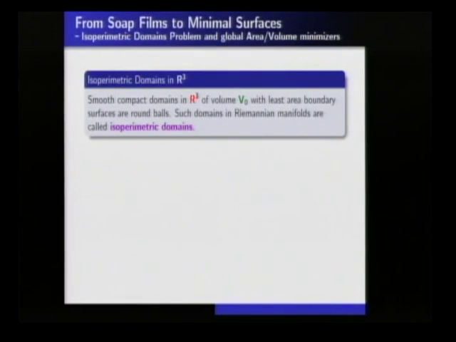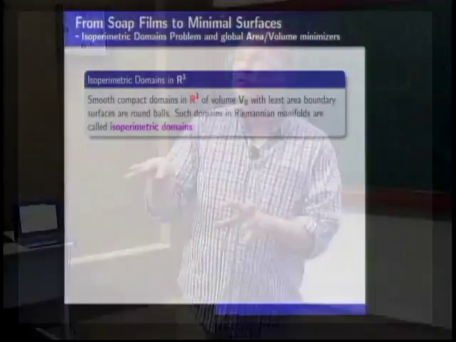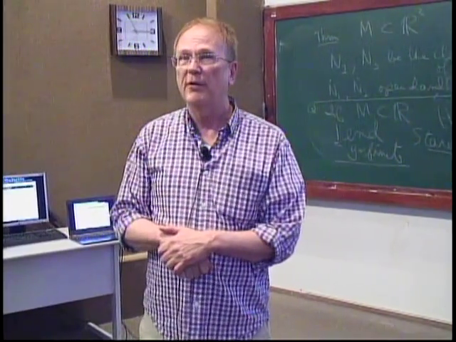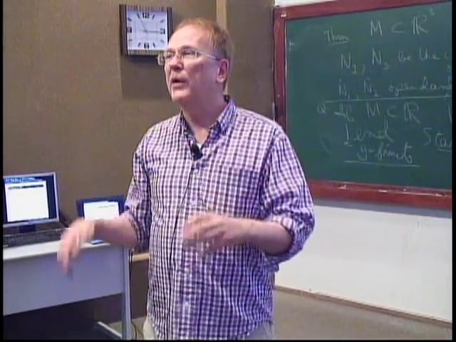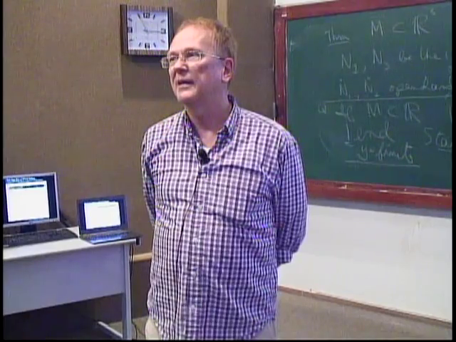So this leads us to these really nice questions, which hopefully, who knows, maybe we'll solve some of these this summer. Isoperimetric domains: you could talk about this in a 3-manifold, like R3. An isoperimetric domain means you fix a volume, like 1, and you look for all smooth domains that have that volume and are compact, and you look for the one that has the smallest surface area.